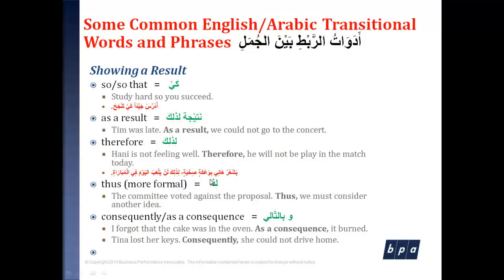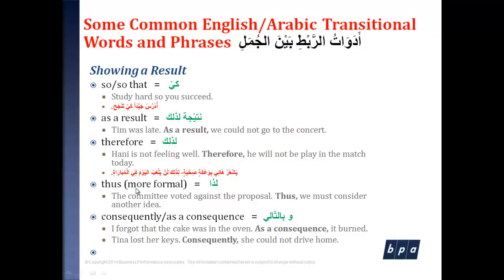Hani feels بوعكة صحية, under the weather. لذلك therefore لن يلعب, he will not play, اليوم today, في المباراة, in the match.